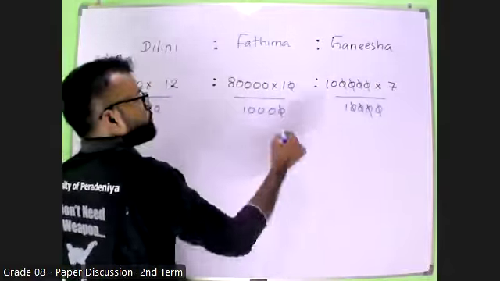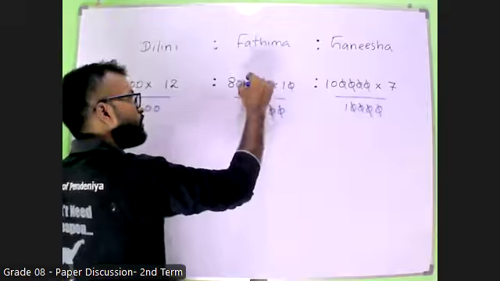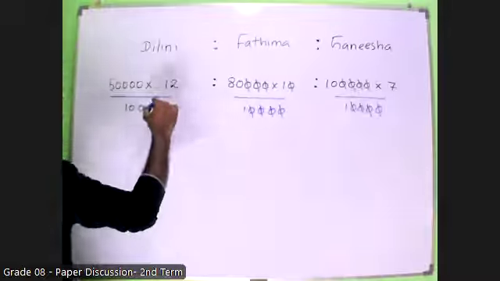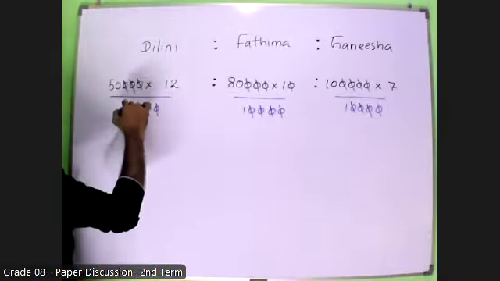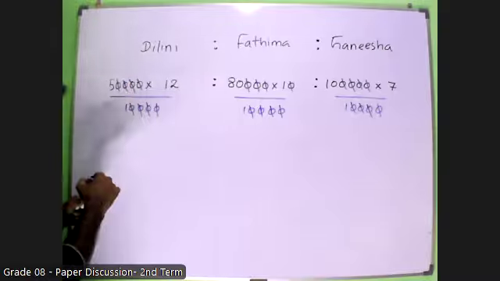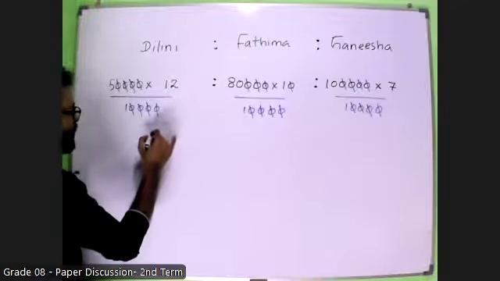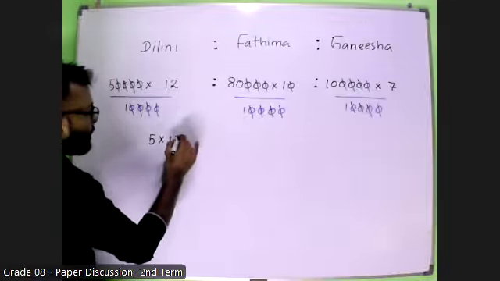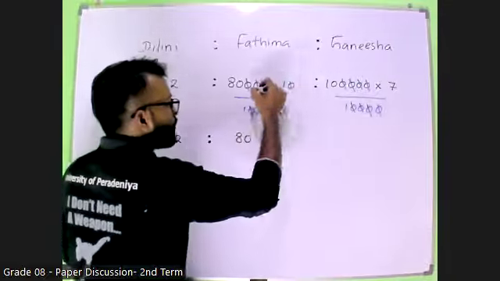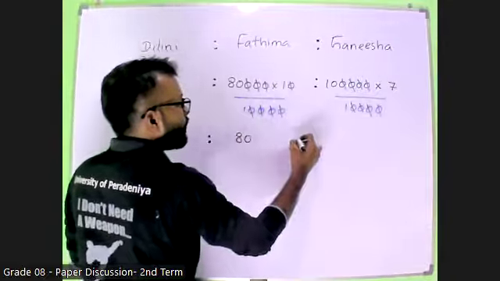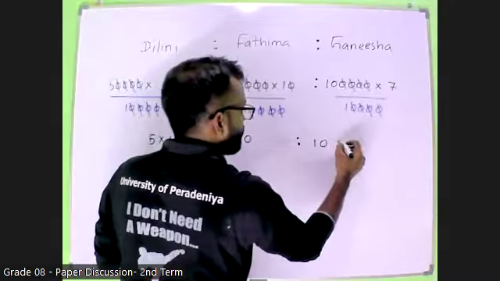So what do we have? 5 times 12, 80 times 1 is 80, and 10 times 7.